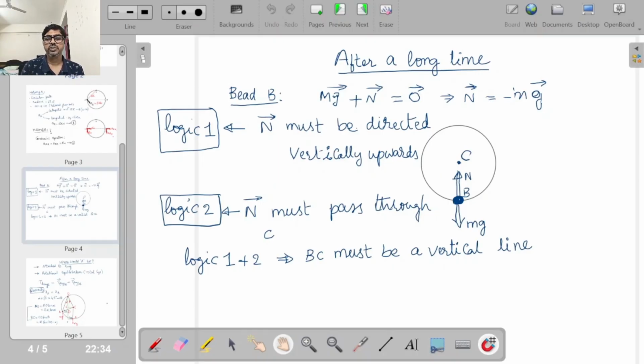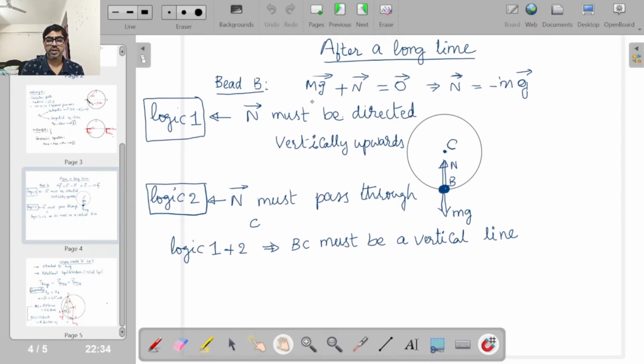So only two forces will be there, and at equilibrium, finally after a long time it will come to equilibrium, so mg and the normal reaction put together should balance each other. That means N has to be minus of mg. Mg is down, okay, but the normal reaction has to be vertically upwards. So from this analysis I must say that N vector must be directed vertically upwards. This is one logic.